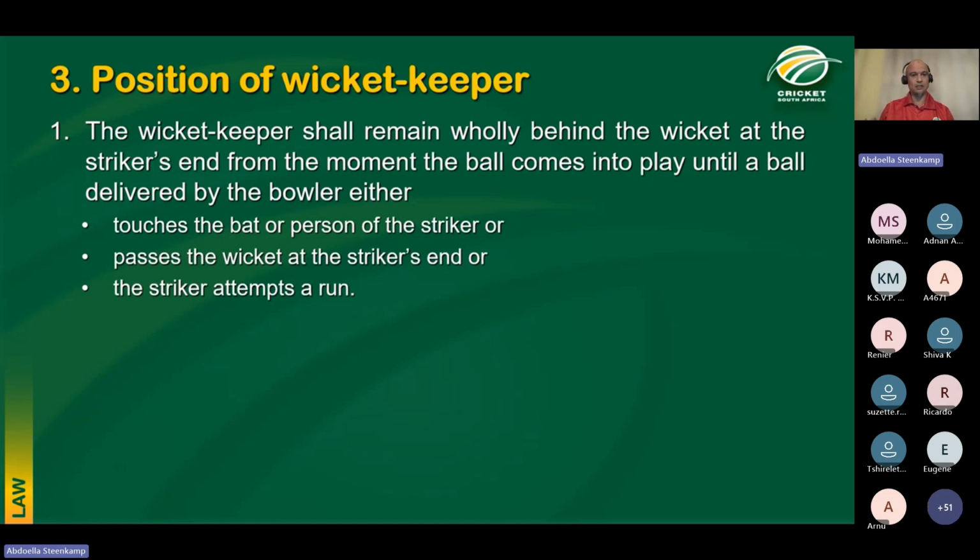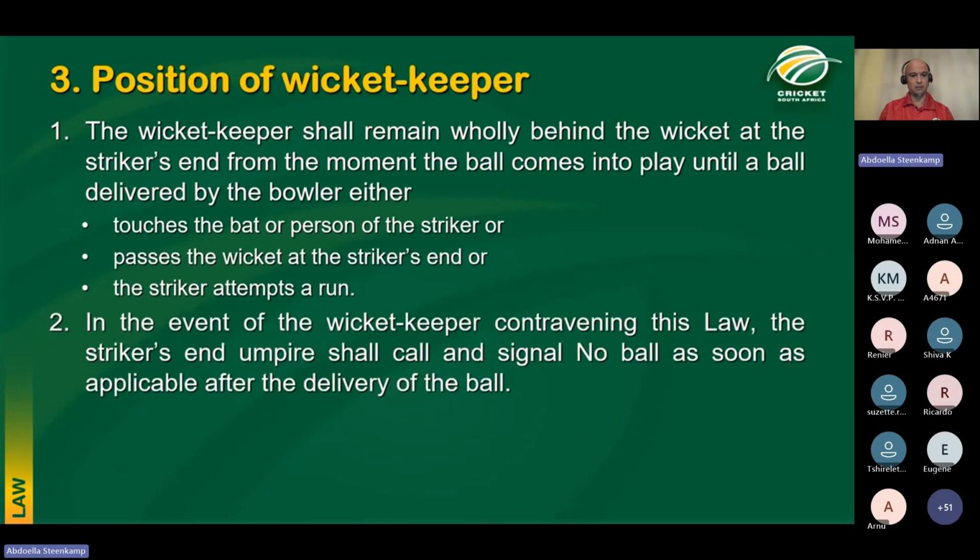So to summarize, keeper needs to stay behind the stumps at all times from the moment the bowler takes those first step. There are 3 exceptions, and these 3 bullet points are those exceptions. If the keeper contravenes this law, umpire needs to call and signal no ball as soon as applicable after the delivery of the ball.